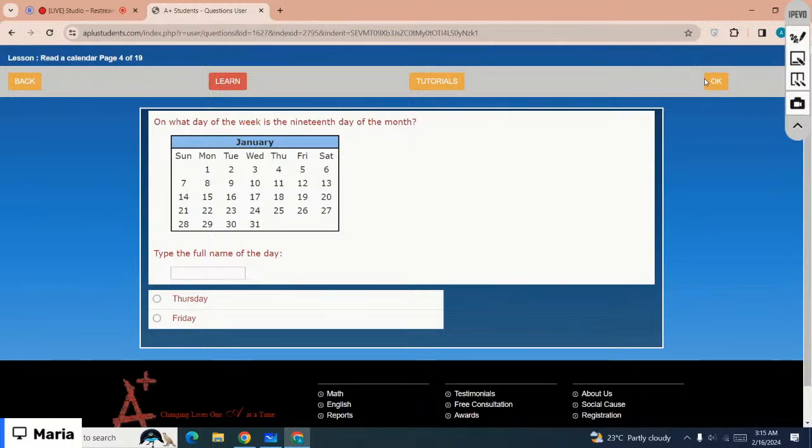On what day of the week is the ninth day of the month? So which is the ninth day? Go to the 9th of the month, that is Tuesday. The correct option is Tuesday.